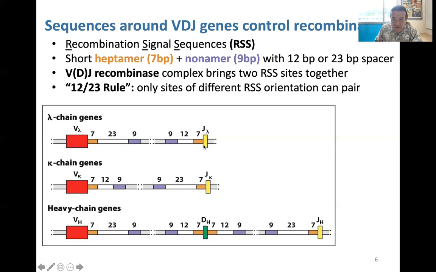Upstream of the chosen J block, you have the heptamer here, then 12 base pairs of random DNA, and then the nonamer.